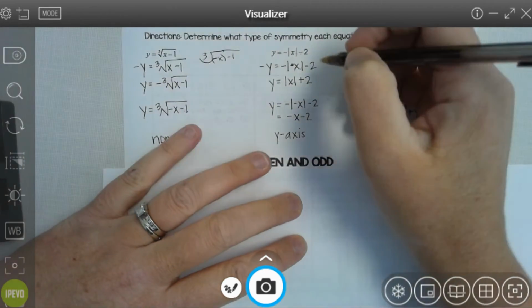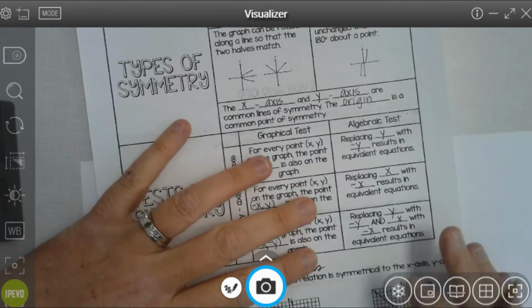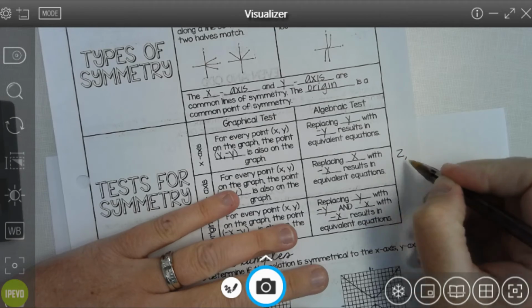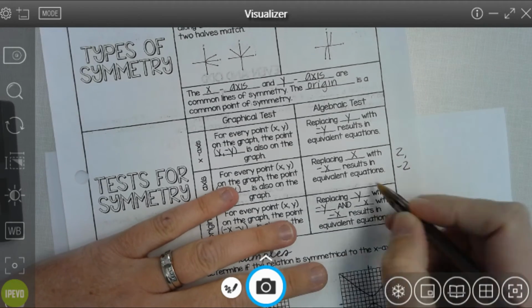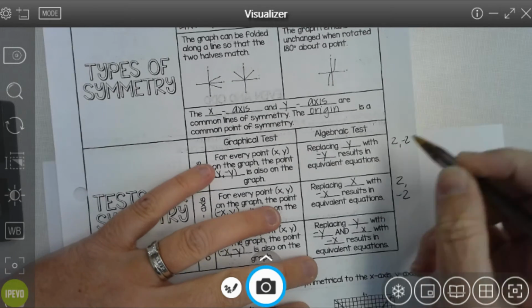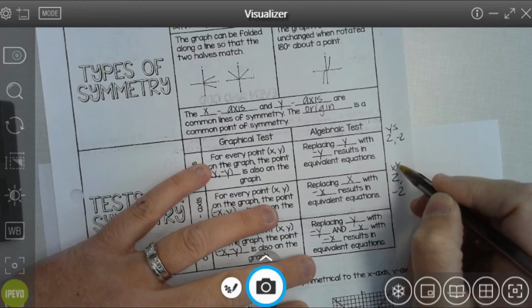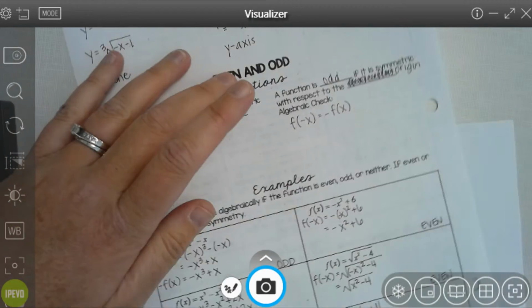You could also, if you wanted to just check for them, and I should have said this over here, let me go back. If you plugged in like a 2 for an x and a negative 2 for an x, you should get the same answer. Down here, or this one, if you plugged in 2 and negative 2 for your y's, you should get the same answer.